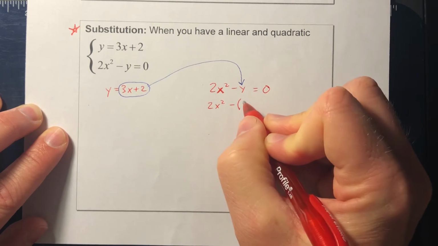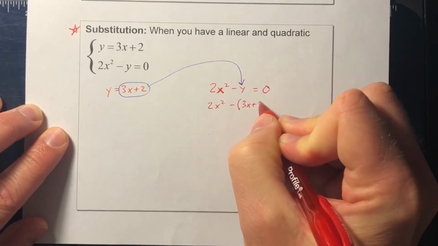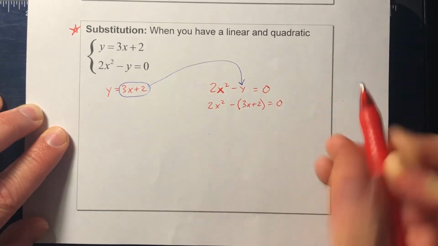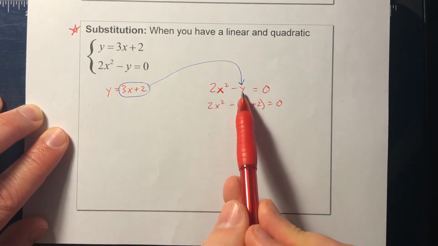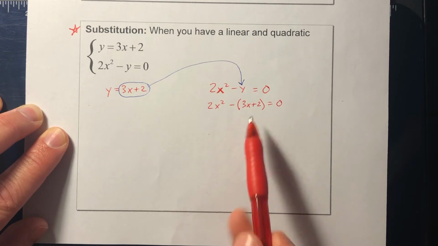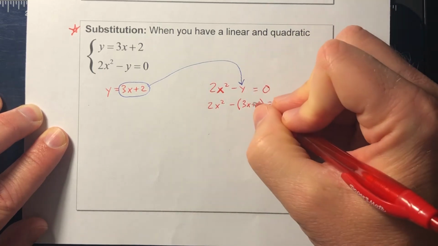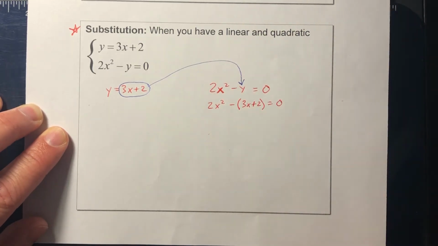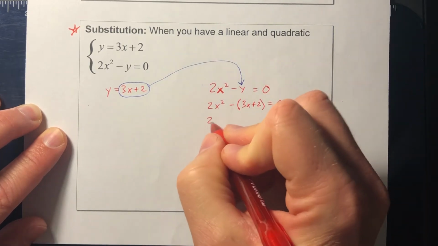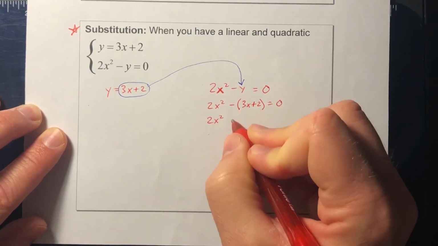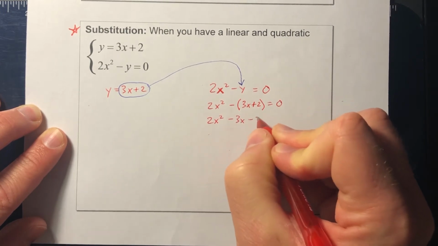So I'm going to put parentheses around that 3x plus 2. Because over here y is equal to 3x plus 2, this y here is now 3x plus 2. Now that turns it into a quadratic equation. The first step is to distribute that negative sign all the way through.